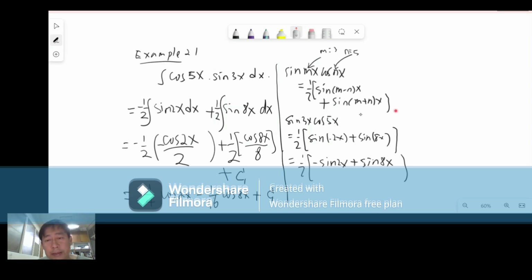That's why now you can see the importance of knowing the identities of these trigonometric functions. Once you are able to decompose the product of two sinusoidal functions into the sum of two different sinusoidal functions, then the integration could be carried out straightforwardly to give you the final answer for this integration.